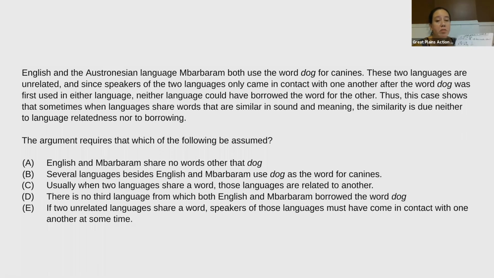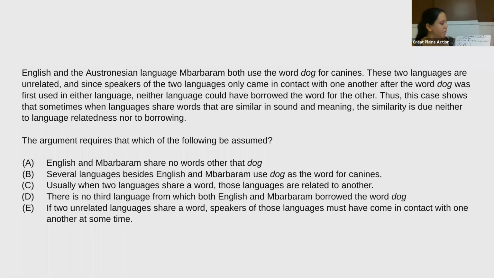All right. D, there's no third language from which both English and Barbarum borrowed the word dog. All right. So if it was the case that they borrowed from another word, it would be false that we have a word where the two languages that use it were not related and that that word was not borrowed from another language. All right. So D is our missing premise.